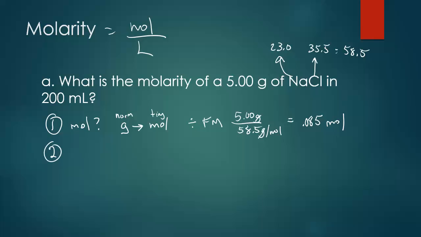Number 2, are we given liters? No. We're given milliliters. Can we convert milliliters to liters? You're going 3 spaces up, so it jumps to the left. 200 becomes 0.200.